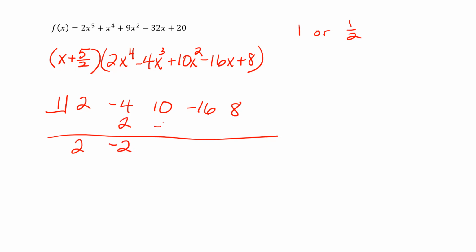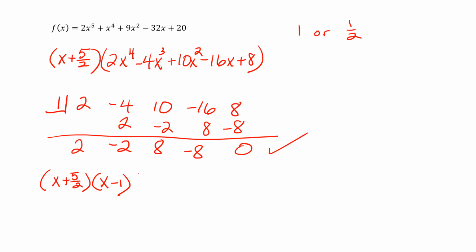Negative 2 times 1 is negative 2. 8 times 1 is 8. Negative 8. And we get a 0. So 1 is a 0. So yay. So now we have x plus 5 halves for one factor, x minus 1 for another factor, and then what do we have left over? We have 2x cubed minus 2x squared plus 8x minus 8 for our f of x.